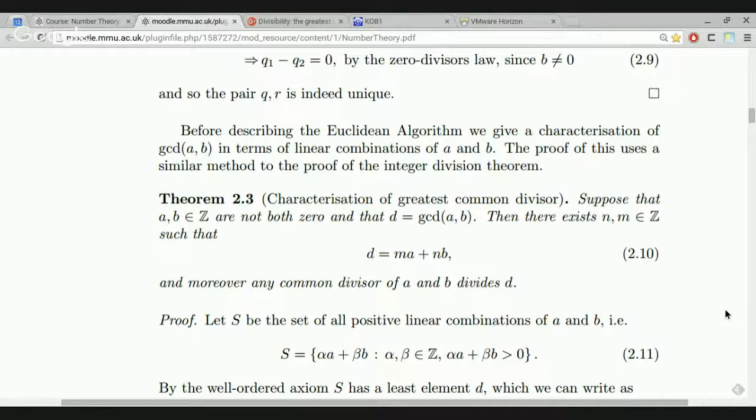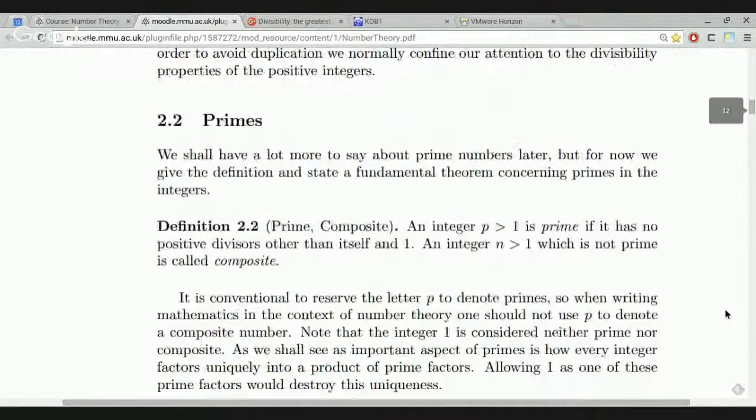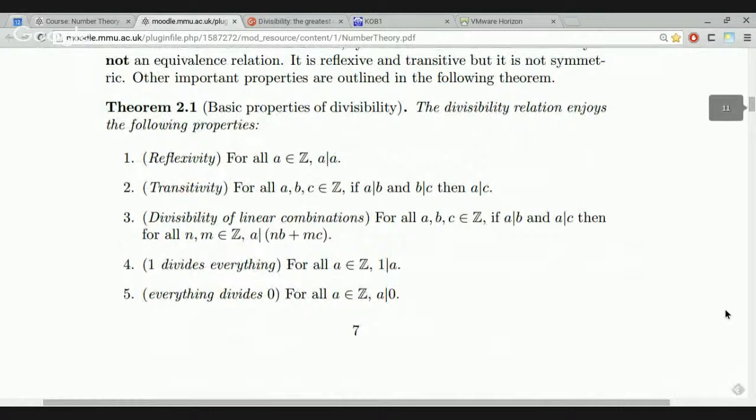And one of the properties of theorem 2.1, going back to the last lecture, and I said it was going to crop up loads and loads, is this divisibility of linear combinations. If a divides b and a divides c, which we understand now as saying that a is a common divisor of b and c, then it divides every linear combination of the two numbers.